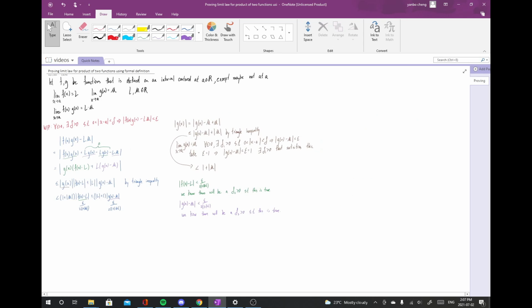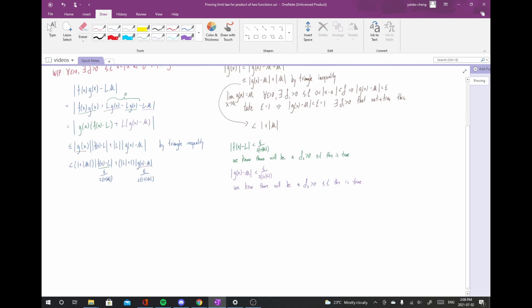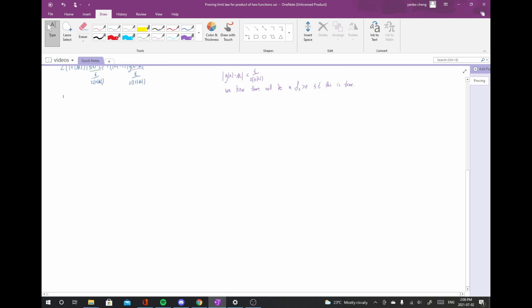So now that we have finished basically the preliminary work to prove this, let's begin with the actual proof. Start by writing proof. We let epsilon be greater than 0.